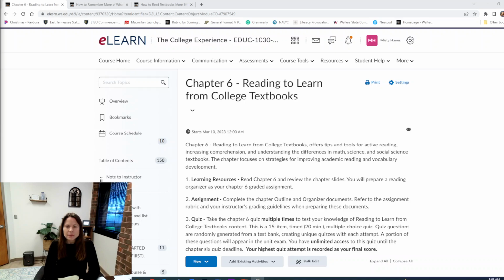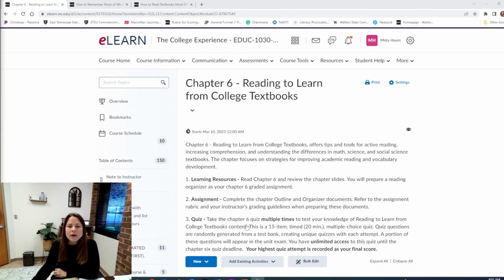As part of your learning resources, you're going to have the PowerPoint slides, you're going to prepare a reading organizer like you always do, and your assignment is to complete the outline and organizer document. So you're going to turn in your outline organizer to me for a grade this time.